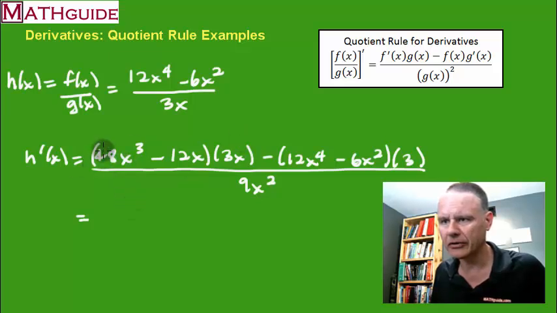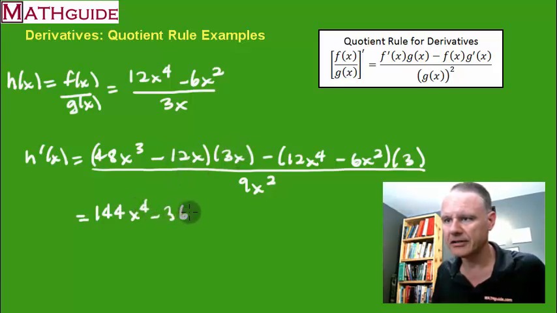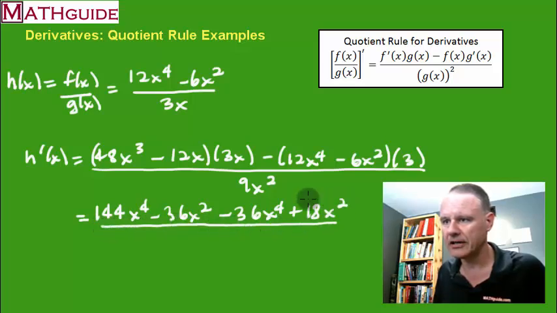So what do we get? 12 times 12 is 144x to the 4th. That's negative 36x squared. Now I'm going to multiply these by 3 and then take the opposite. So that'll be a negative 36x to the 4th plus 18x squared, all divided by 9x squared.